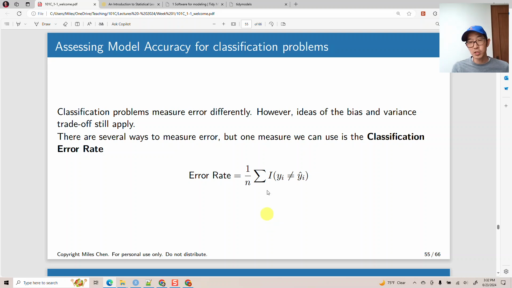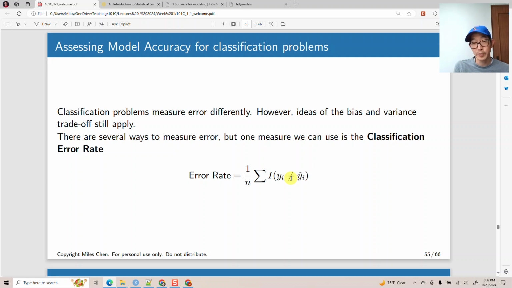So this is just an indicator. Is the prediction y hat different from the actual value? If they're different, like if it was red and we predicted blue, then the indicator puts down a 1 for the error. If it was red and we predicted red, we get a 0.